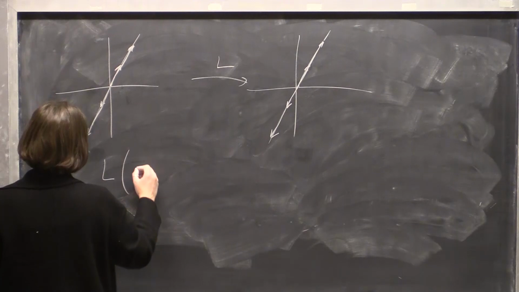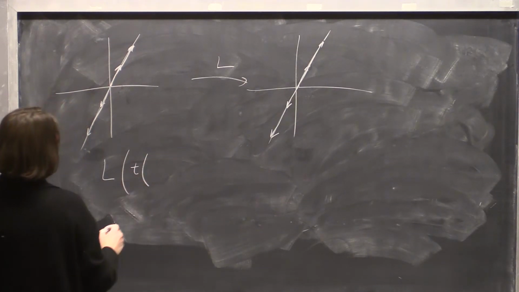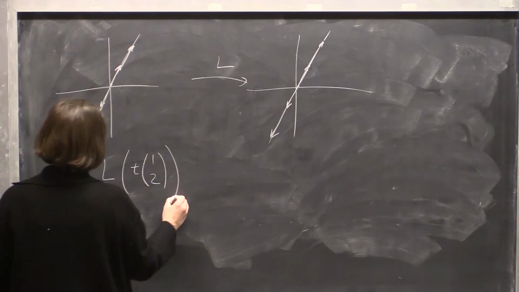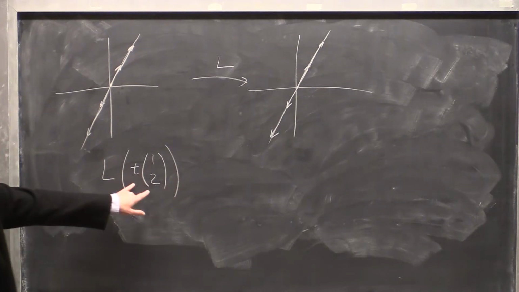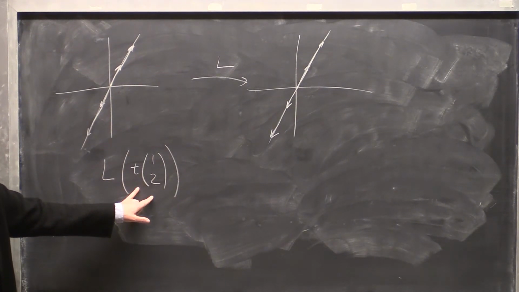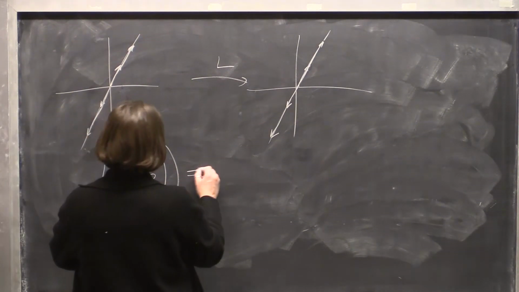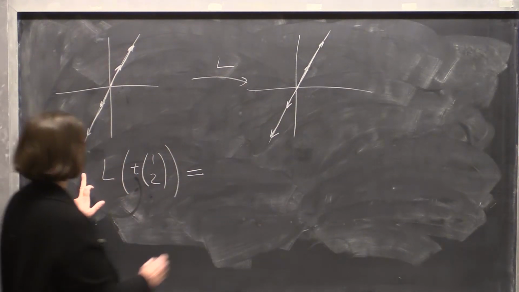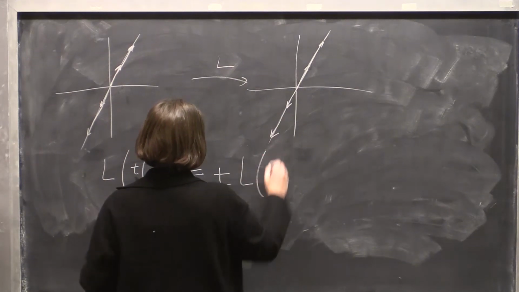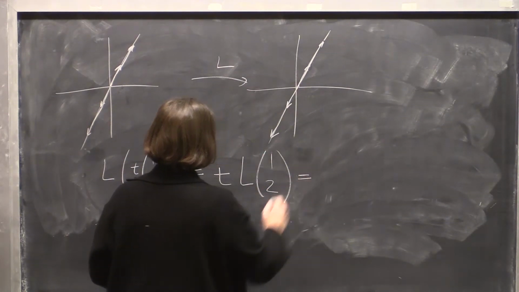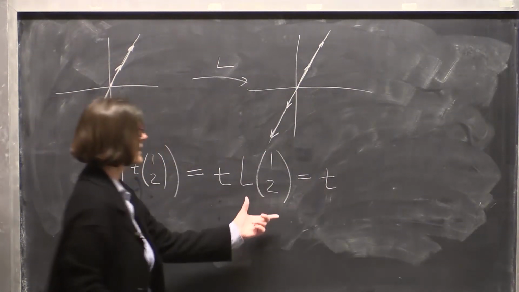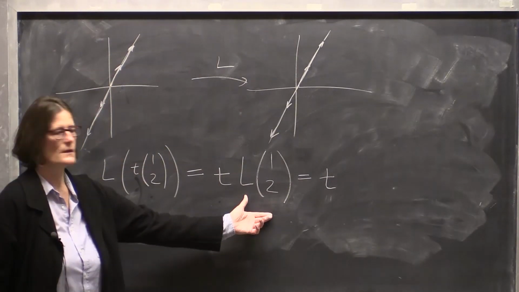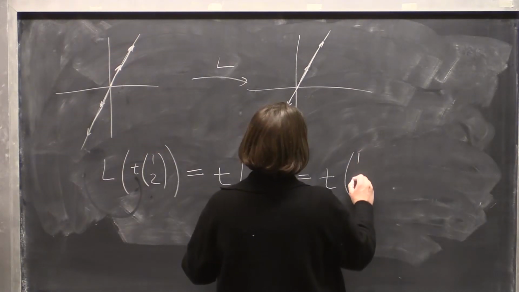So let's just check that's true. L of t times (1, 2). This is some scalar multiple of (1, 2). It should stay unchanged geometrically, right? Because it's a linear mapping, this is some silly number. What can I do? Take it out. So t, what is L of (1, 2)? (1, 2), because I've done that calculation.